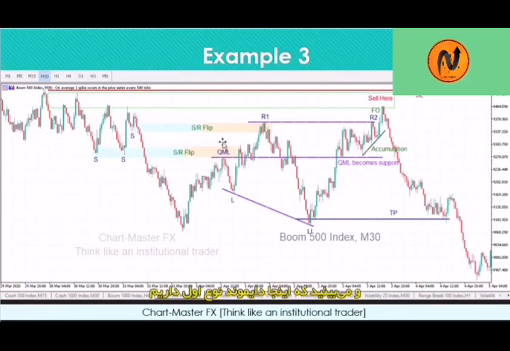This is version number 1, where the head of the Quasimodo actually happens on the flippy area, not on the MPL area. So you need to be able to identify what type of diamond you are trading. This was Boom 500 Index on M30.